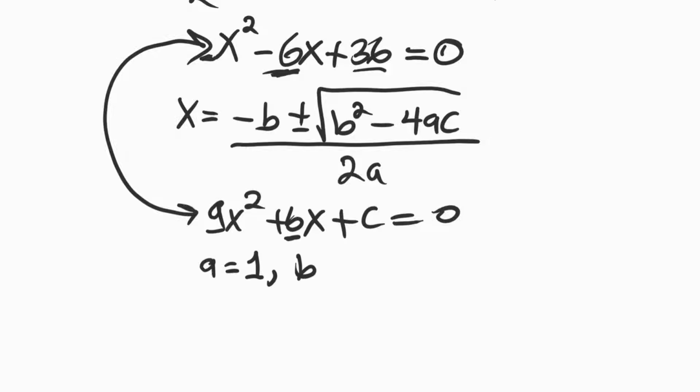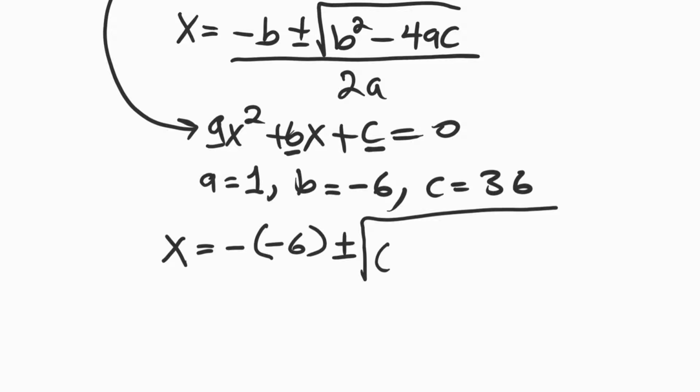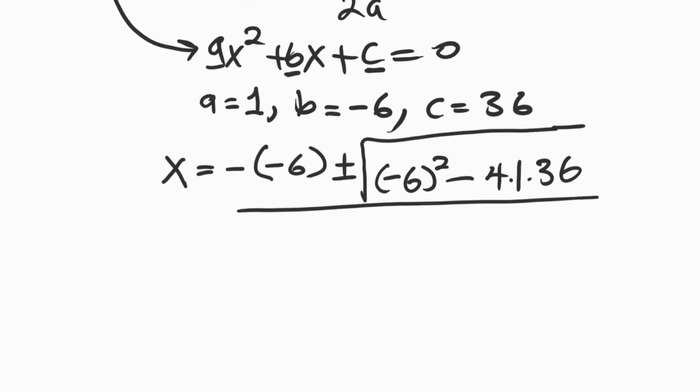Our b becomes minus 6, and then our c is equal to 36. So now we're going to plug in the values of a, b, and c into our quadratic formula. And this becomes minus b, which is minus minus 6, plus or minus the square root of b squared, minus 6 squared, minus 4 times a, which is 1, times c, which is 36, all divided by 2 times 1, since a is 1.